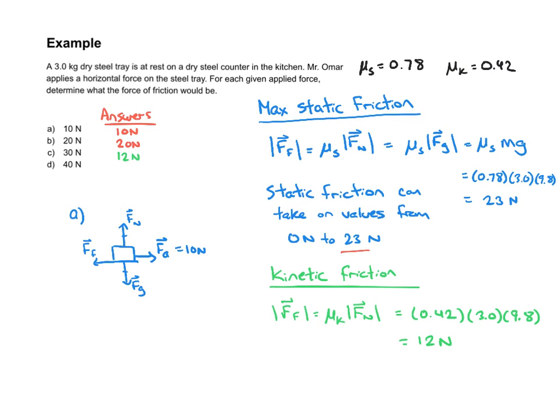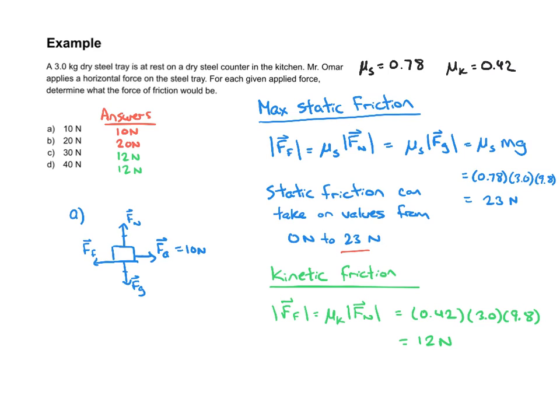And when Mr. Omar raises the force even more to 40 newtons, it's still going to be moving. It's still going to be kinetic friction. So it's still going to be 12 newtons.